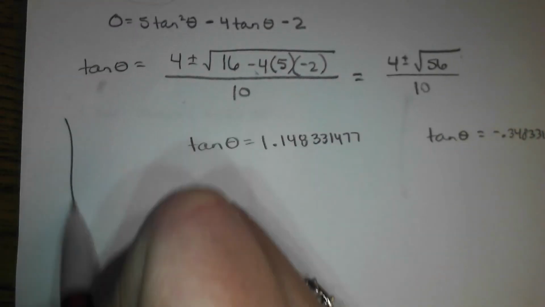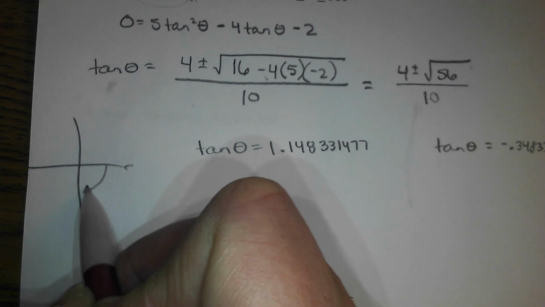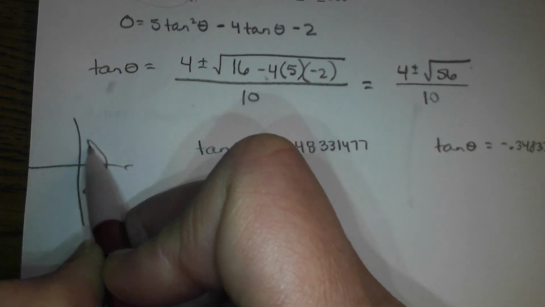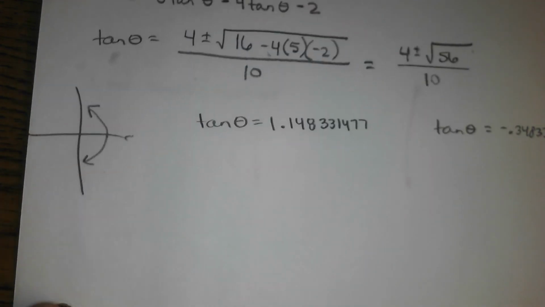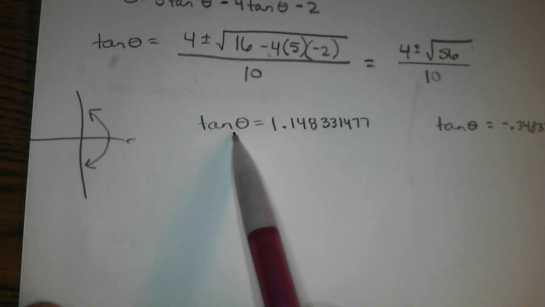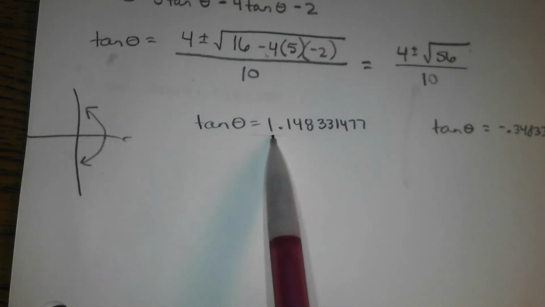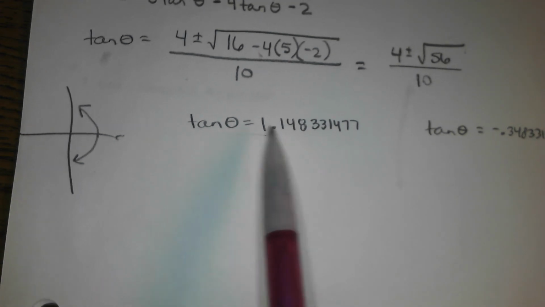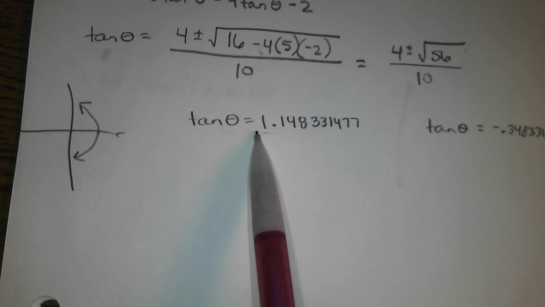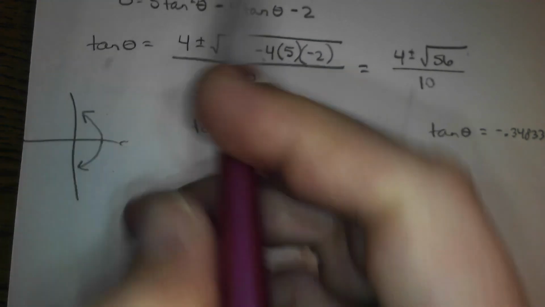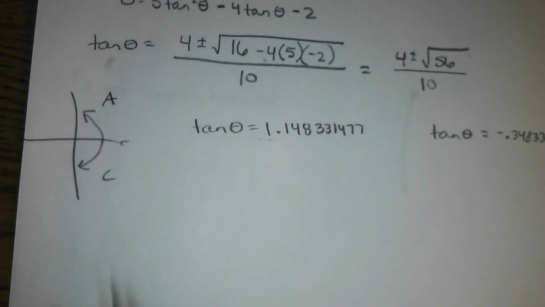Inverse tangent will always be between negative pi over 2 and positive pi over 2. This one, is this going to give me the first quadrant answer or the fourth quadrant answer? If tangent is a positive number. Is that the first quadrant or the fourth quadrant? All students take calculus first.